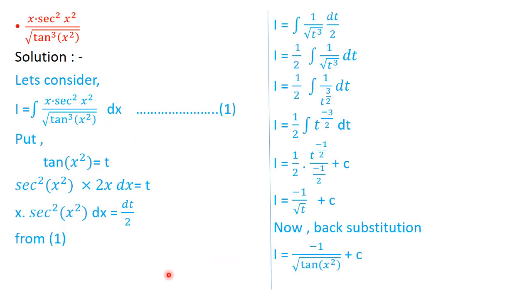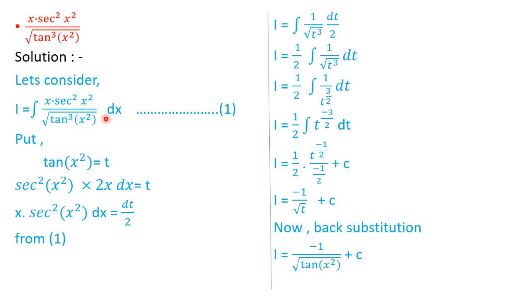Okay. So let us see further examples also. Some more examples are given there. Integrate x into sec square x square by under root tan cube x square. Let us consider I is equal to x into sec square x square by under root tan cube x square.